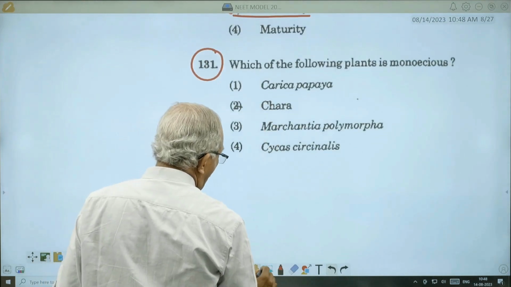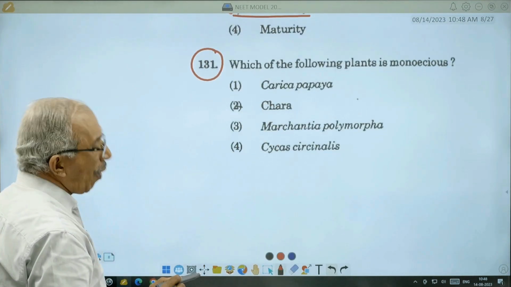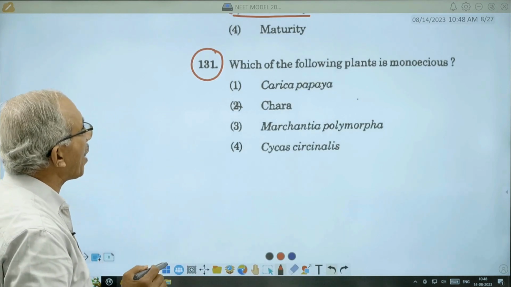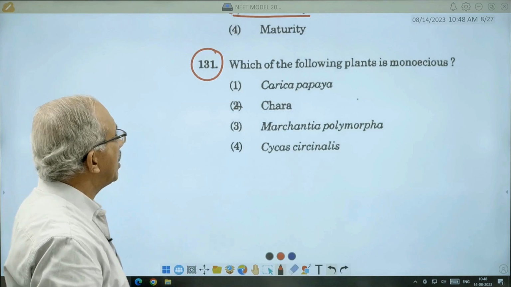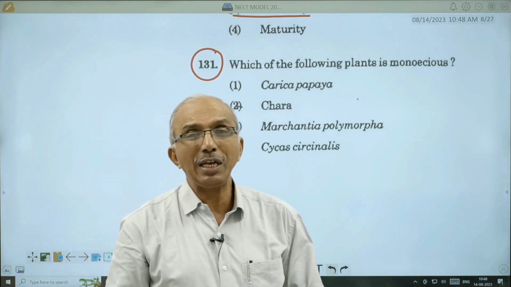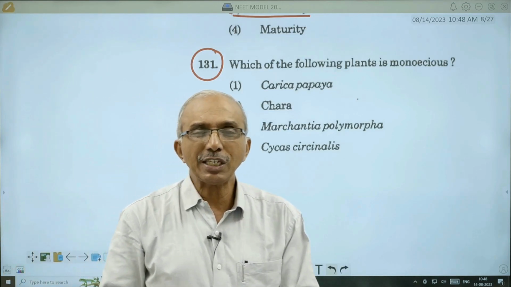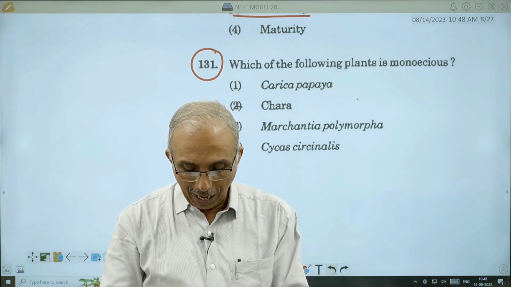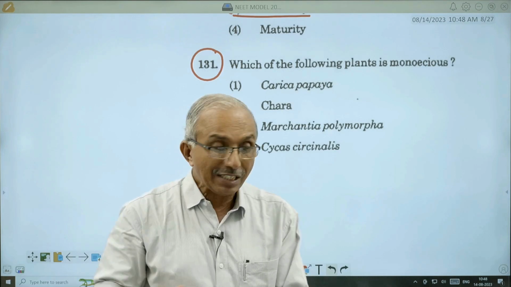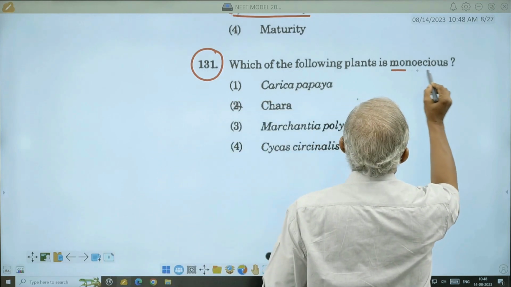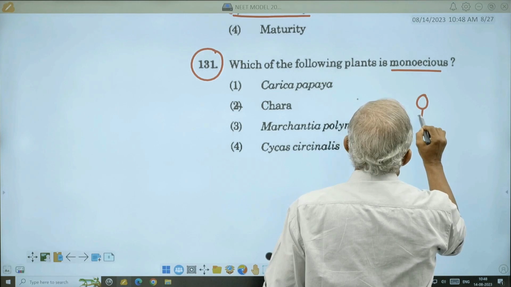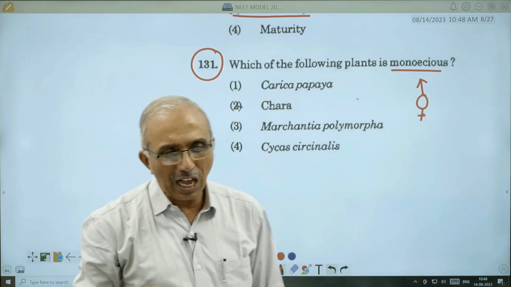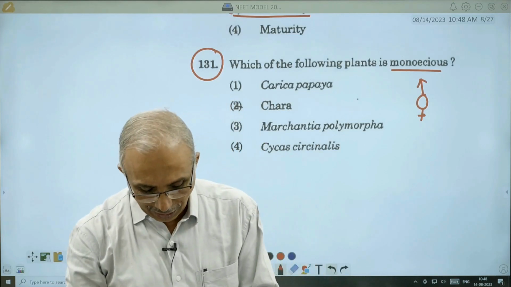Next. Which of the following plants is monoecious? Monoecious plant means bisexual, that is, male and female reproductive organs are found in one and the same plant.